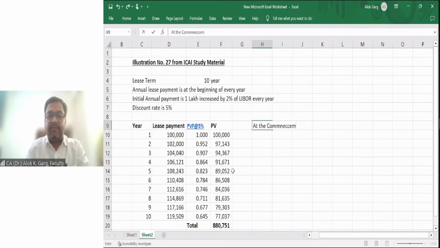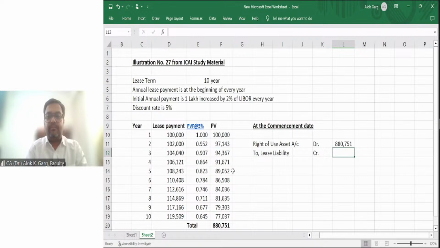At the commencement date, the beginning of the first year, the accounting entry will be: right of use asset account debit, to lease liability. And what is the amount? 880751.